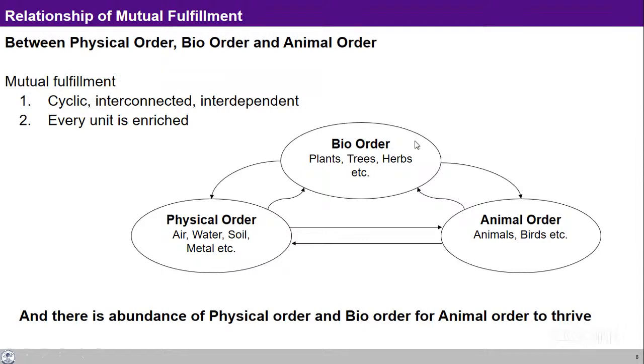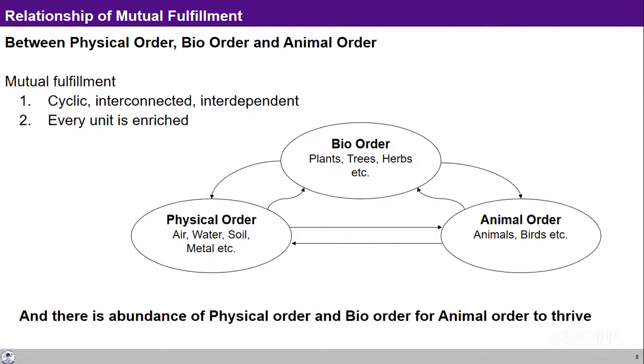So what about the mutual enrichment between these three orders? Are we able to see this mutual fulfillment? What do you think about this? Are we able to see this mutual fulfillment between the physical order, bio order, and animal order?